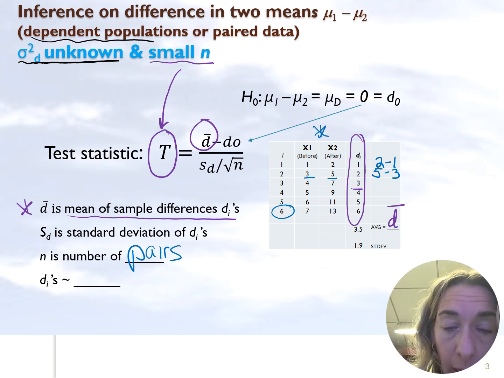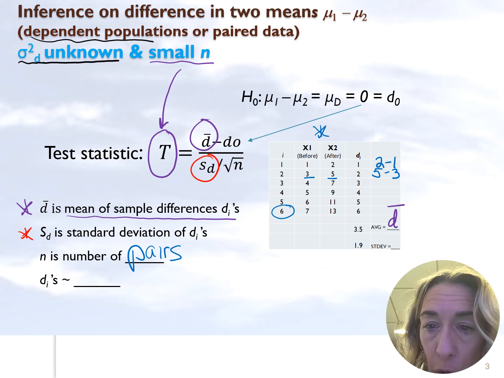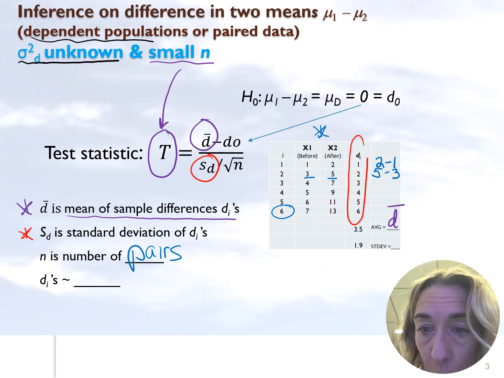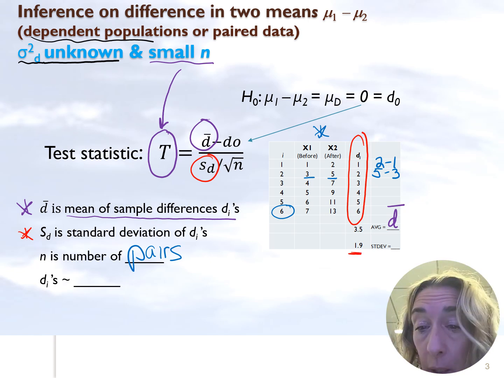S sub D that I referred to previously in the denominator is your sample standard deviation of the D sub i's. So if you were to take these individual D sub i's and calculate the standard deviation of those 6 numbers, you would come up with a value of 1.9 in this case.